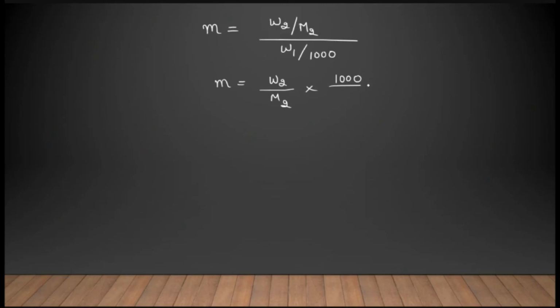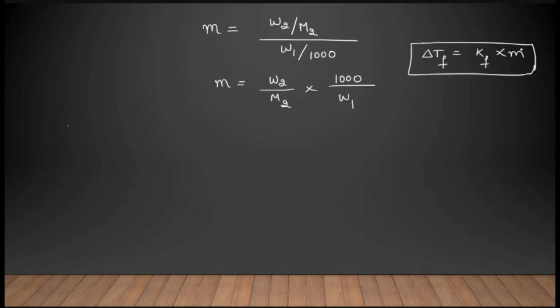The molality m is equal to W2 divided by M2, divided by W1 divided by 1000, or we can also write it as W2 into 1000 divided by M2 into W1. So we are going to substitute this into the equation delta Tf is equal to Kf into m.